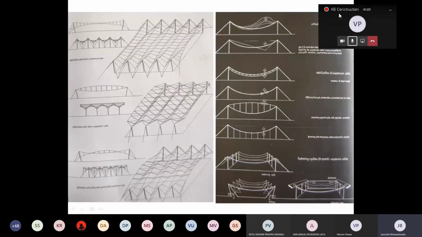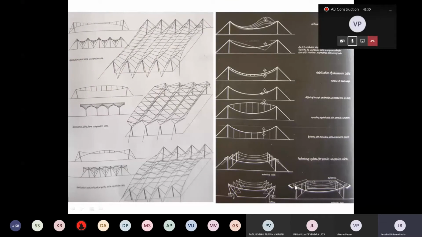I think the edge conditions here, especially in the last 3 diagrams, are important. The 3 diagrams here clearly talk about the varied edge conditions that are there in order to anchor the cables. Here, the cables go beyond the structure to anchor themselves.